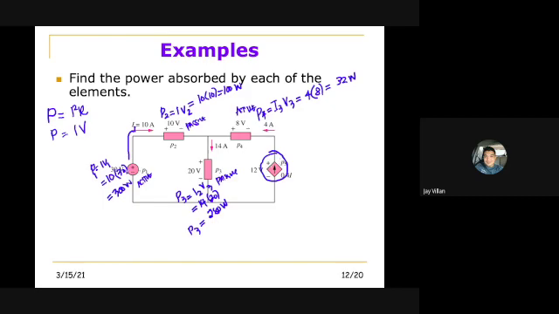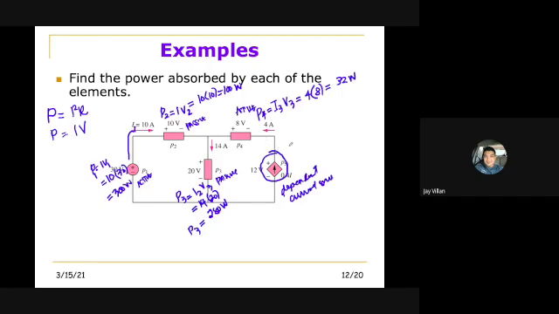While your independent source is symbolized by a circle. So this one is a dependent current source, while this one is an independent voltage source.